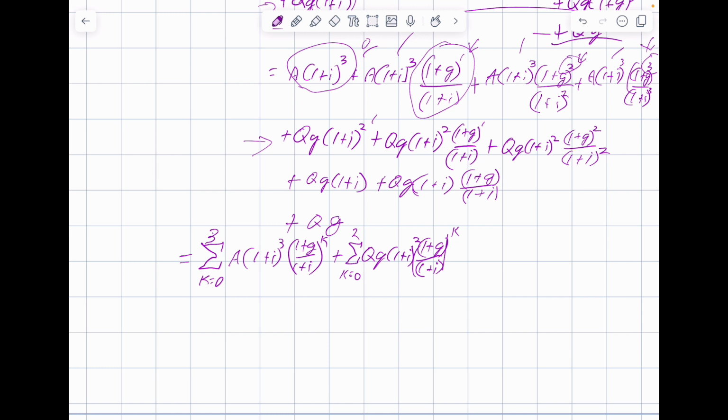So that would be k equals 0 here, k equals 1, and k equals 2.